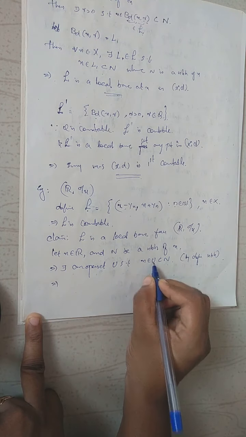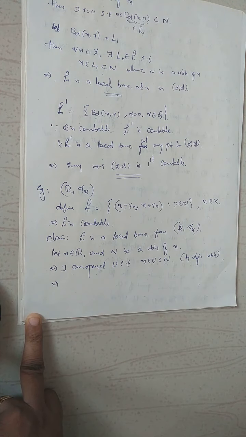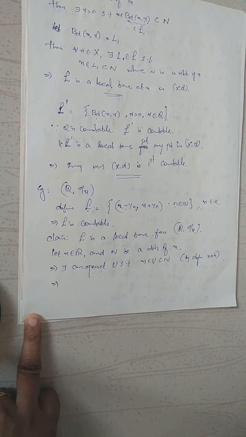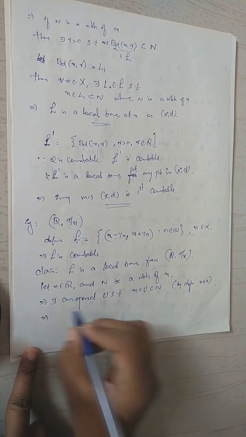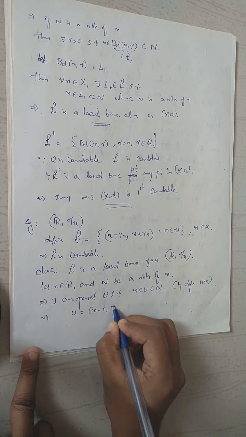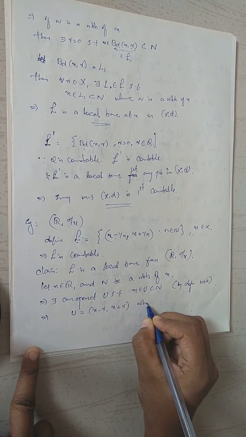Since U is an open set containing the point x, it is of the form (x minus r, x plus r), where r is a positive real number.